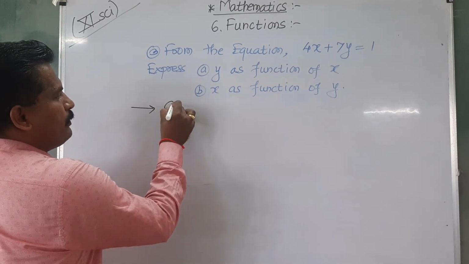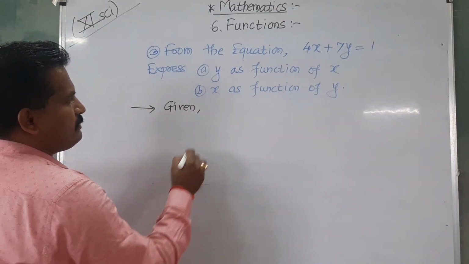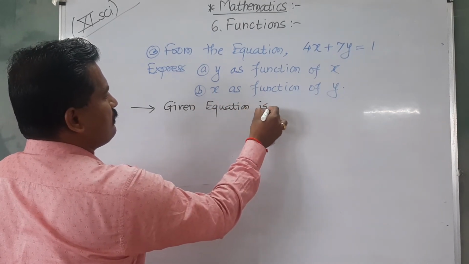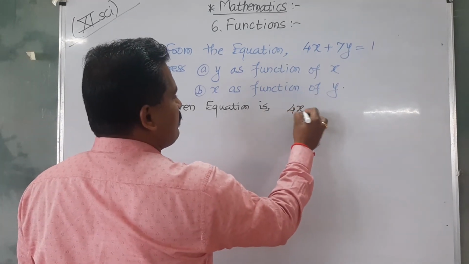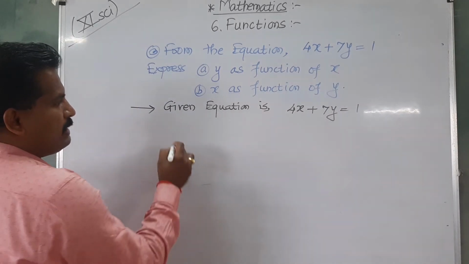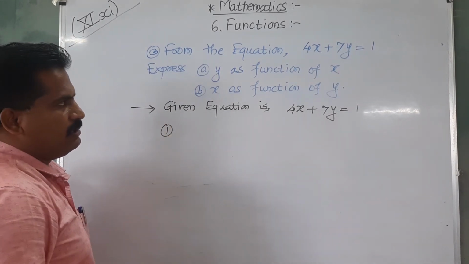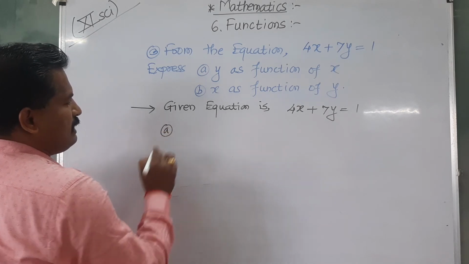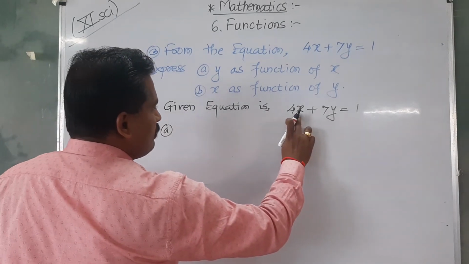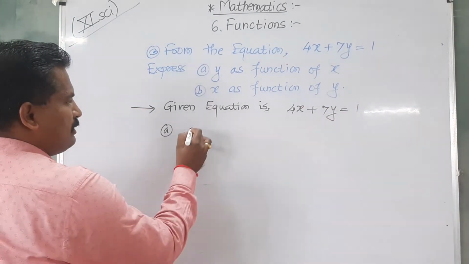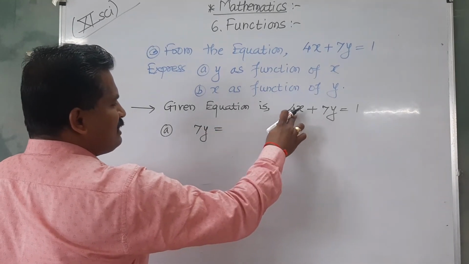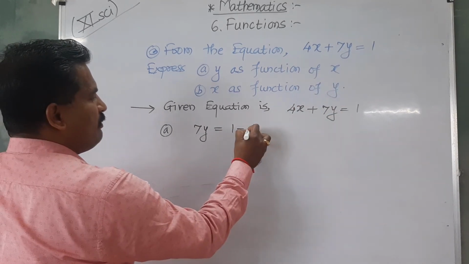Now, the given equation is 4x plus 7y is equal to 1. As we take the first activity, y as a function of x, shift the other variable towards the RHS, therefore 7y is equal to 1 minus 4x.